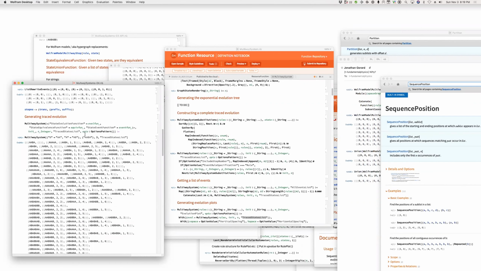So now we come back up here, and the traced states list is basically a nest list. Oh, except if we're going to include the step numbers, we have to do that now. See what I'm saying? Right.